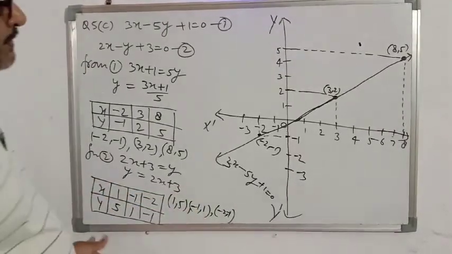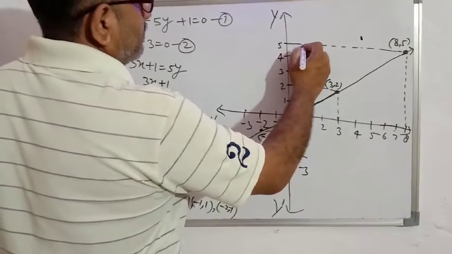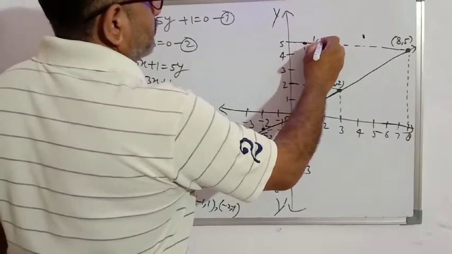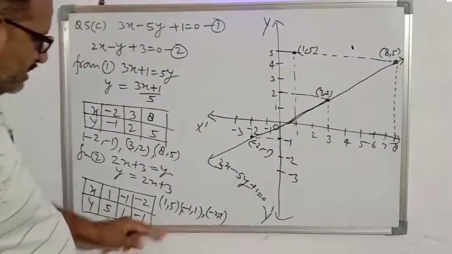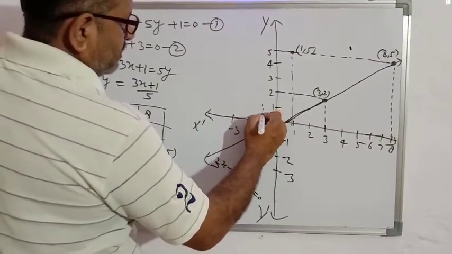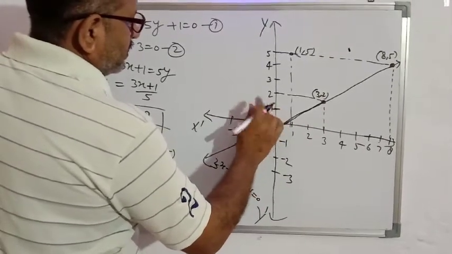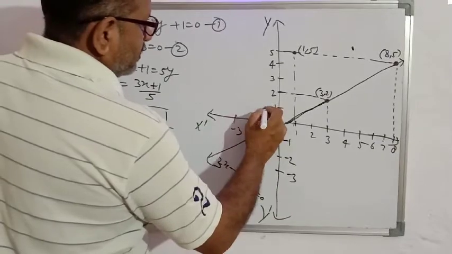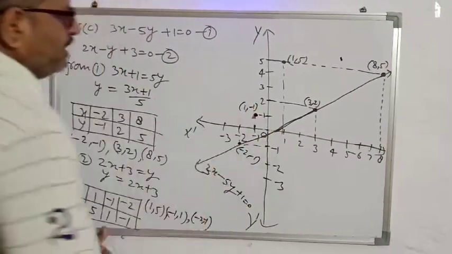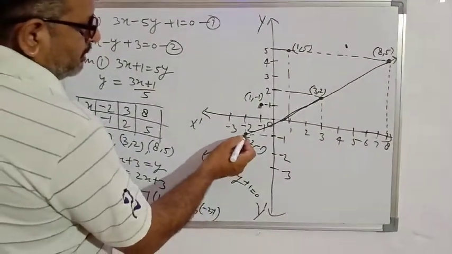Firstly plot 1, 5. x is 1, y is 5. Then minus 1, 1: x is minus 1, y is 1. Third is minus 2, minus 1, which is already plotted here.